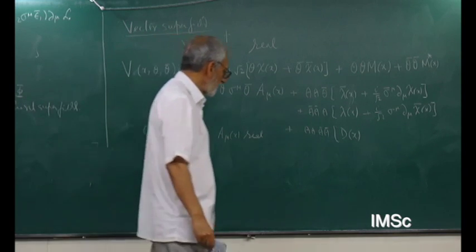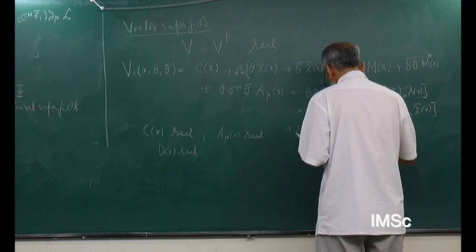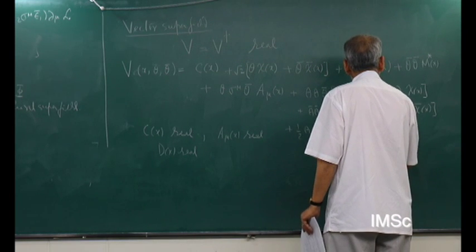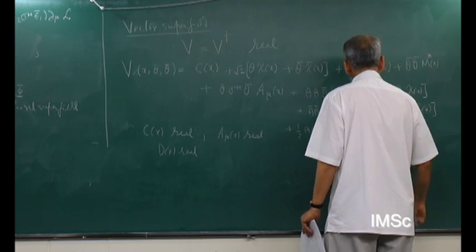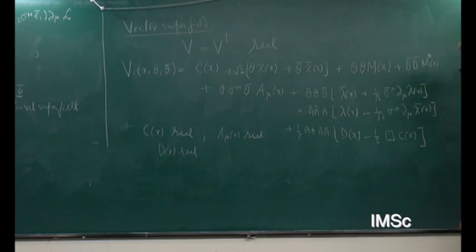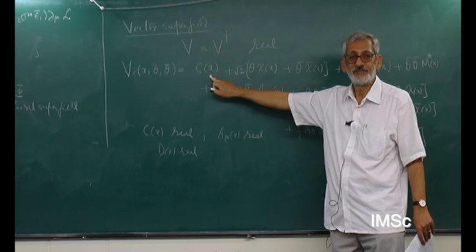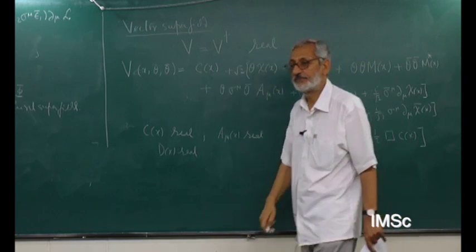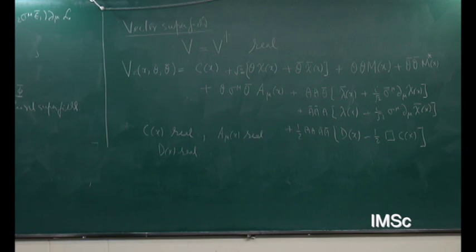Again, for some convenience, I put a normalization half here and add a piece of half box Cx here. But Cx is the first component of this. This is the most general expansion of a real superfield.